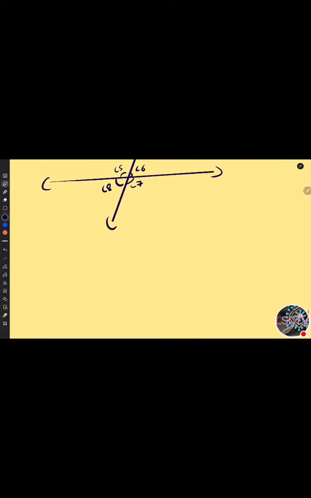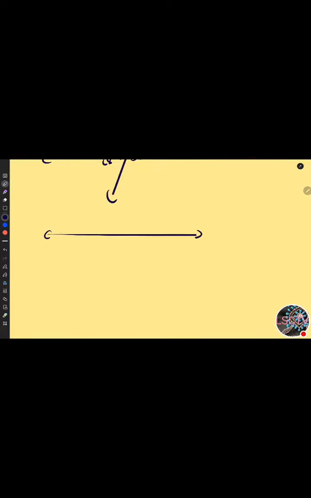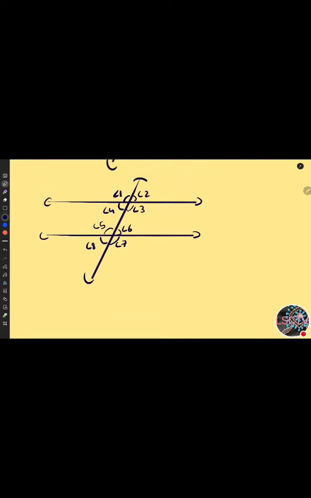Now, if a transversal passes through two lines and forms angles such that angle 1 is equal to angle 3 is equal to angle 5 is equal to angle 7.